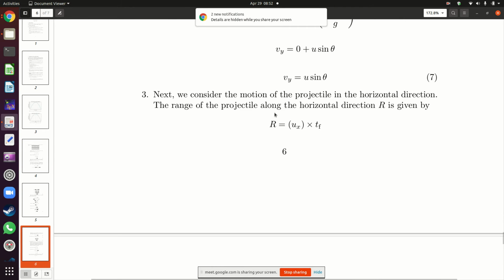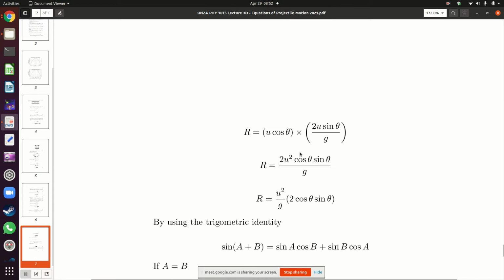And that's what you're trying to do here. The range r is equals to ux multiplied by tf, which is flight time. In our case, ux is u cos theta multiplied by the flight time, which is 2 u sin theta divided by g. If you carry out this multiplication, you've got u multiplied by that u, then a cos theta multiplied by sin theta, and there's a 2 there, so you end up with 2 u squared cos theta sin theta divided by g.